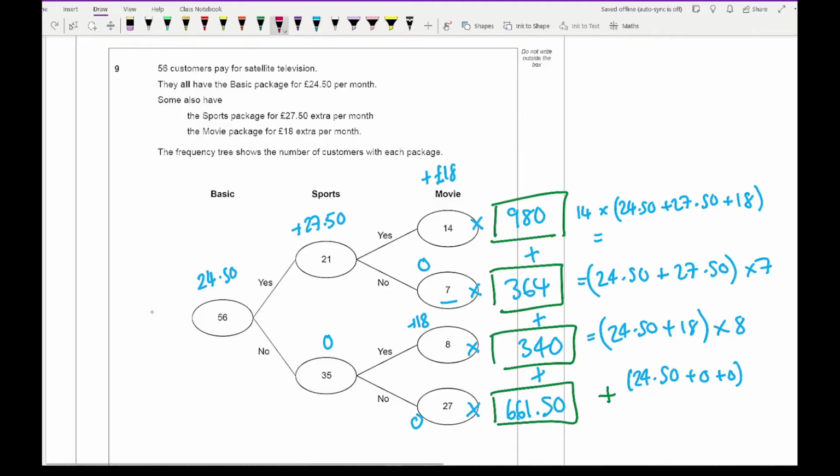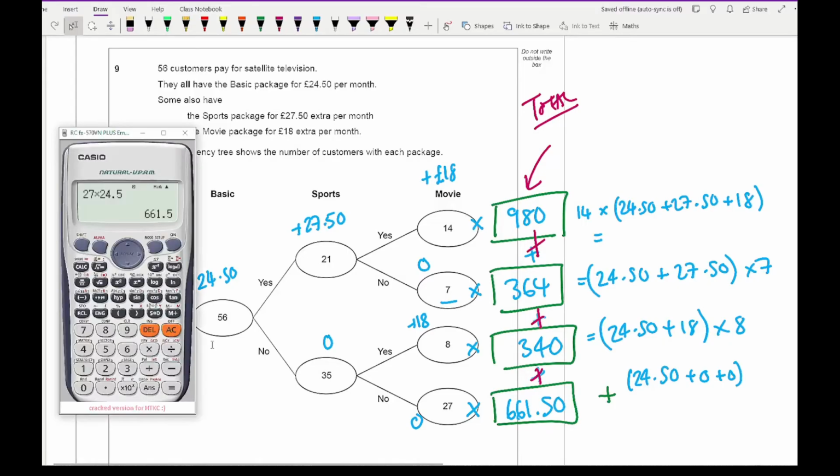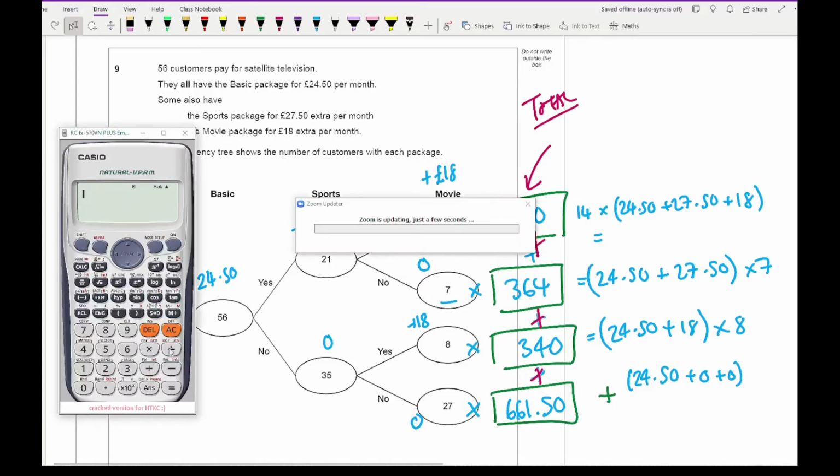So here the grand total is going to be where I add up all of those 4 numbers. On the calculator, oh, it's not loading up.